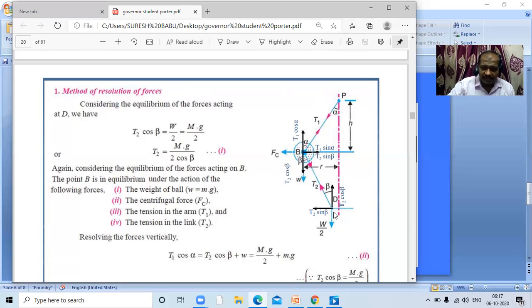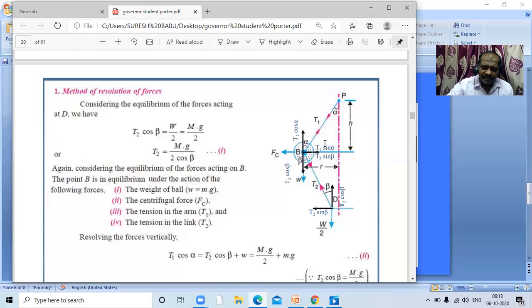So we have taken the D forces and considered the B forces. Now resolve these forces into vertical components and horizontal components. In vertical components, what are the things? We start from here. Vertical components are small w, T1 into cos alpha, T2 into cos beta.